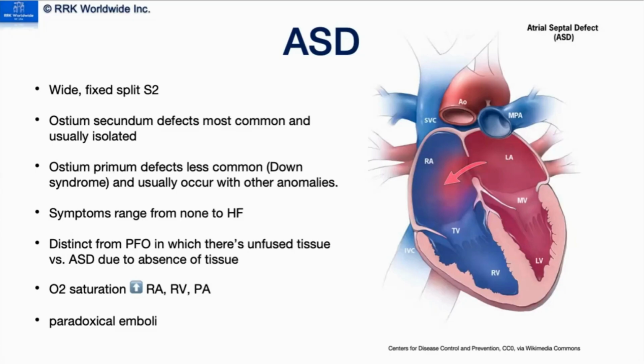Very important to note, and this is how they can really test this and give it to you in the stem, is they can tell you there was a wide fixed split S2. If you ever hear the words wide fixed split S2, that's going to be your ASD, without a doubt. It's almost pathognomonic for ASD.